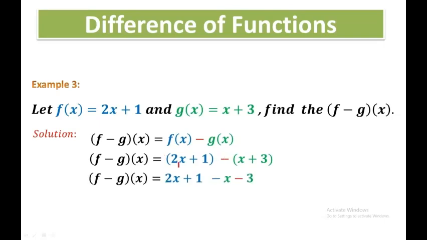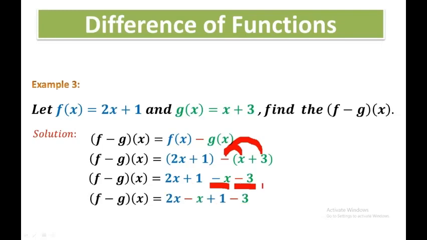We have 2x plus 1, and this is minus, negative 1 times positive x, so that's why we have negative x here. The negative 1 times positive 3, negative times positive, gives us negative 3. So we have 2x plus 1 minus x minus 3.